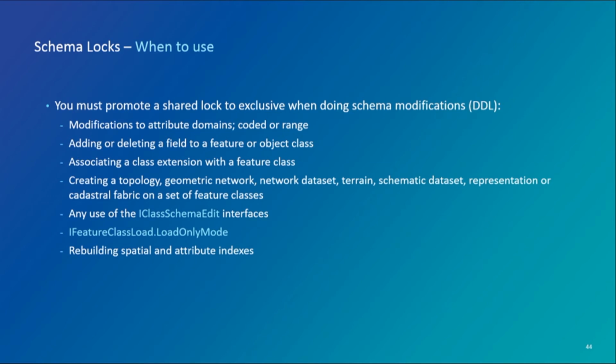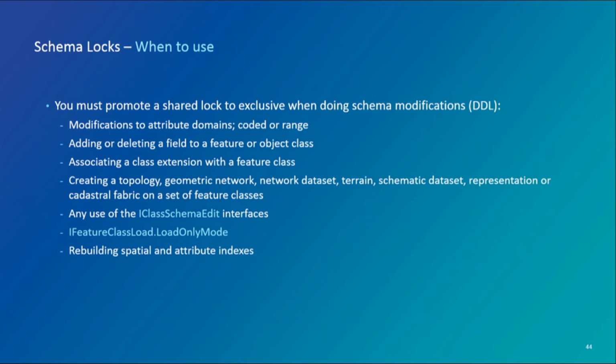But there are some things that are less obvious, like adding a code to a coded value domain. It will actually require you to have an exclusive lock on the classes that coded value domain is assigned to. And if you don't ensure that, a failure may occur when it can't promote the schema lock, and you'll see a class locked error.